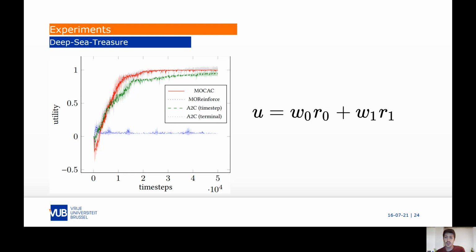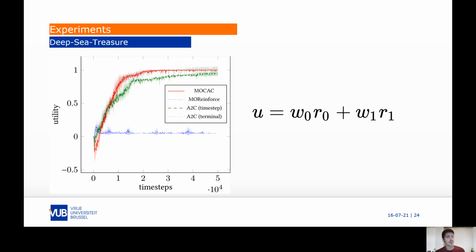This way, a single objective algorithm can use nonlinear utility functions, since the only time the utility function is applied is at the very end of the episode on the full episodic return. The downside is that you only get one reward signal at the very end of the episode, so you have very sparse reward signals, which leads to their own problems.